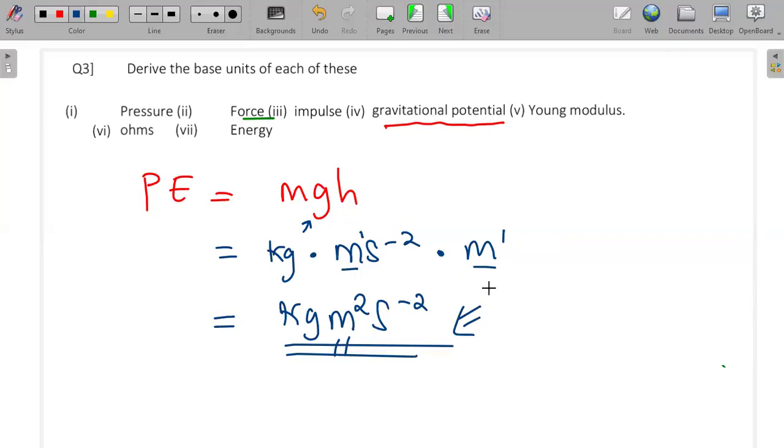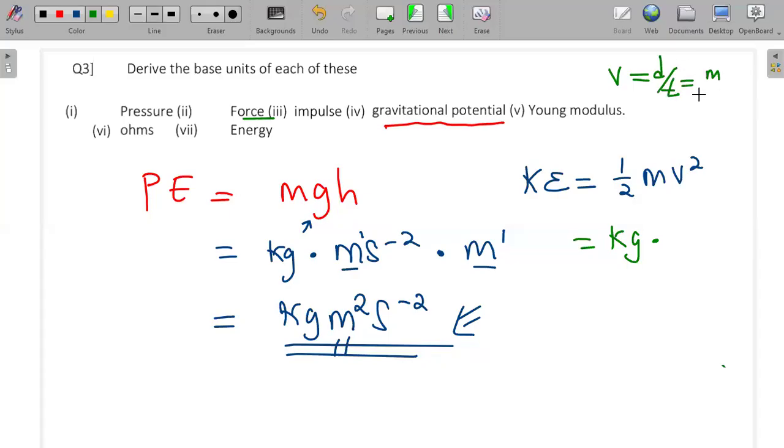So let's prove it maybe. For example, if I get kinetic energy, kinetic energy has the formula 1 over 2 m v squared. So when you're deriving units, you always ignore constants. So this one here is a constant, so I ignore it because it's dimensionless. It doesn't have any units, or any dimensions. So the units for the m, which is mass, is kg, multiplied by the units for the v. Now v is velocity. Remember velocity or speed is simply distance over time, right?